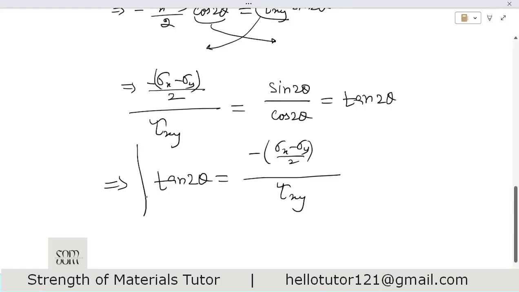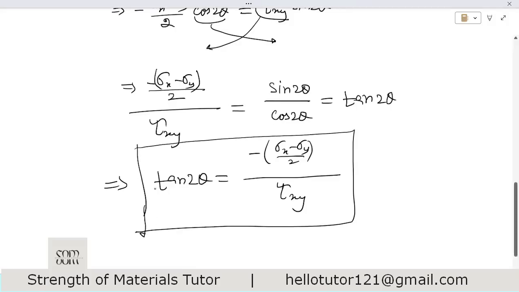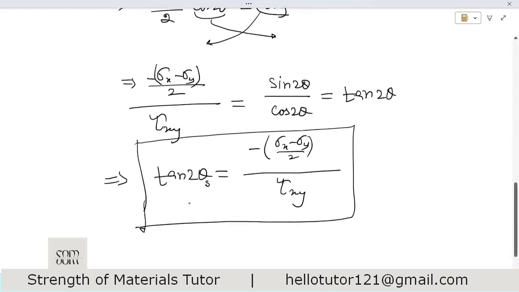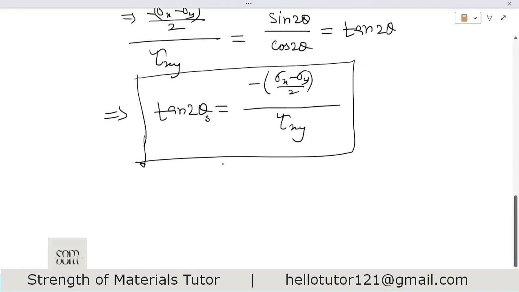So this thing is what? It is the angle at which we are going to have a minimum or maximum shear stress, okay? So we will denote this angle with theta s, theta shear, at which the shear stress is maximum or minimum, okay?